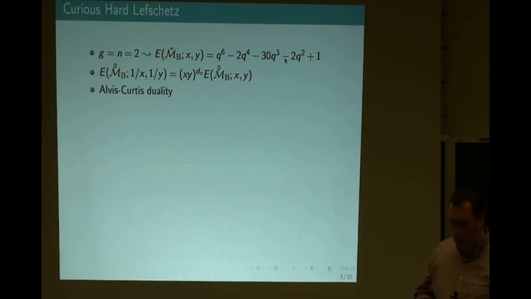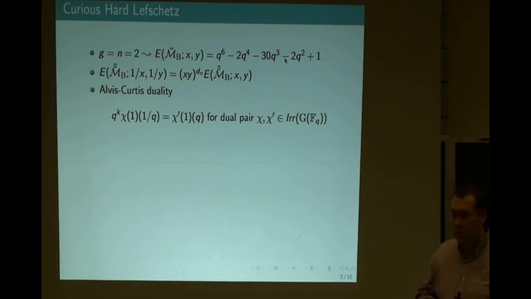Alvis and Curtis found this duality which roughly says this, at least on the level of the dimension of the characters, that as functions of q, you can get one from the other by looking at it backwards. There is some k which depends on the group. So when you look at this, and then when you look at your character formula calculation, then exactly this duality will be responsible for this overall functional equation, this palindromicity of these polynomials.